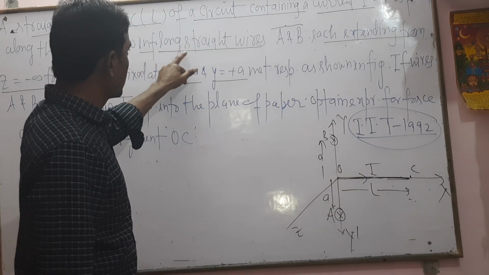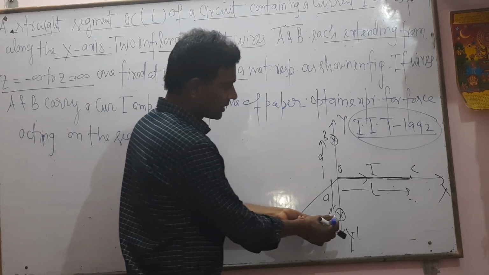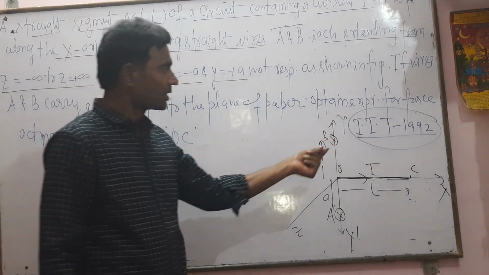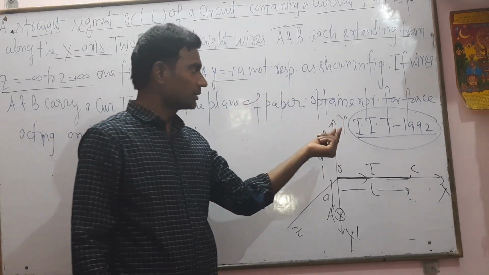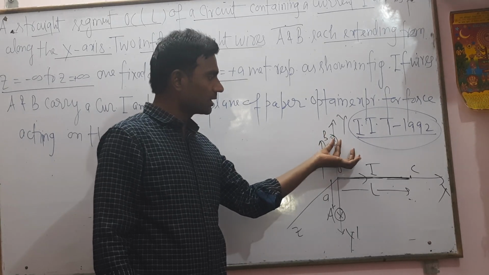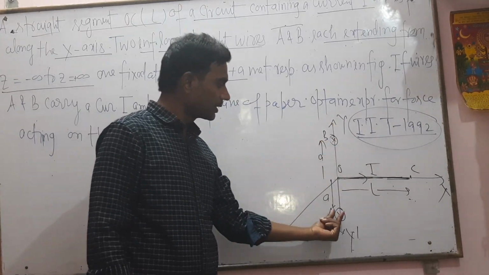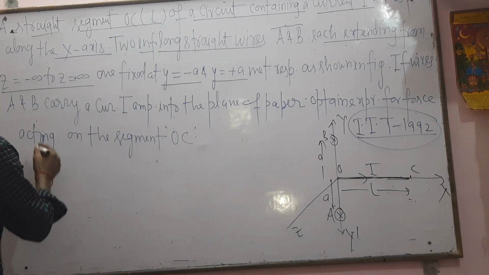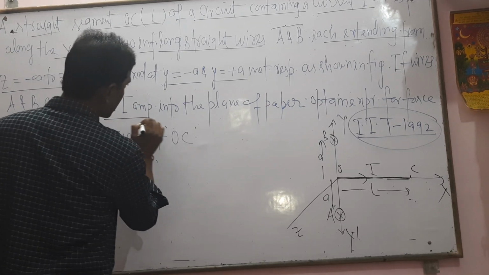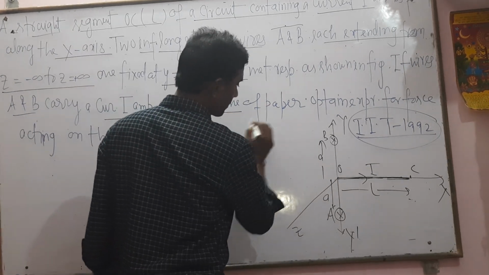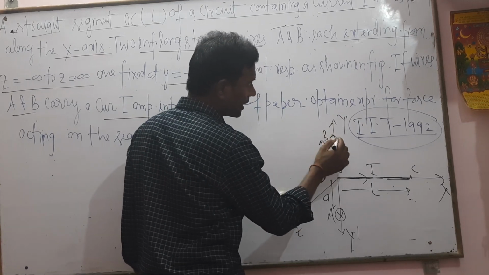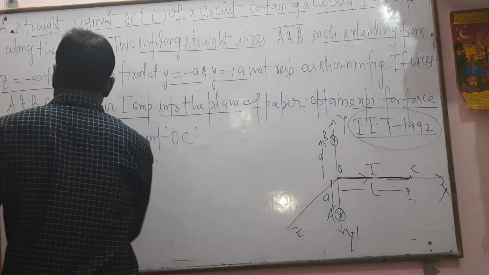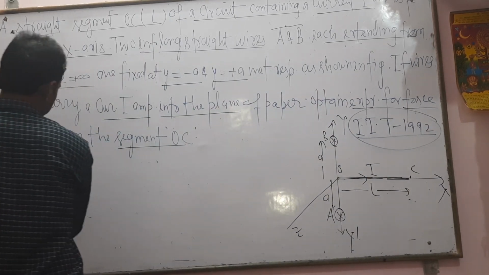Two infinite straight wires A and B each extend from minus infinity to plus infinity, z equals minus infinity to plus infinity. If wires A and B carry current I into the plane of the paper, obtain the expression for the force acting on the segment OC.